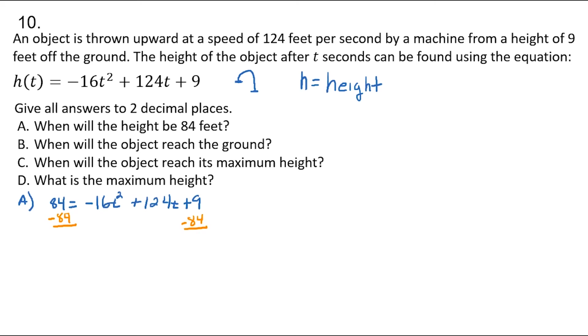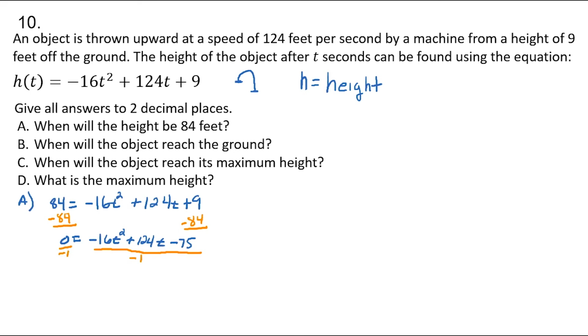The result of this would be 0 equal to negative 16t squared plus 124t minus 75. And we can go ahead and divide both sides by negative 1.